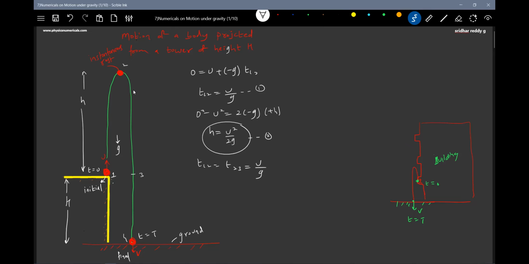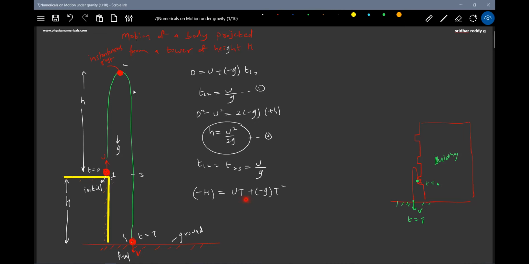Look at the displacement. The displacement is equal to minus h, as per the convention, then u t plus or minus half g t squared.